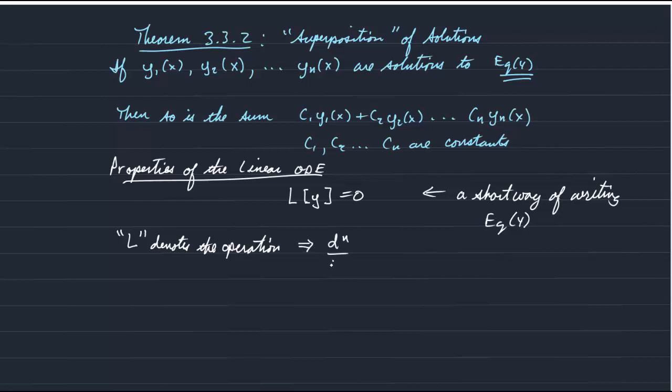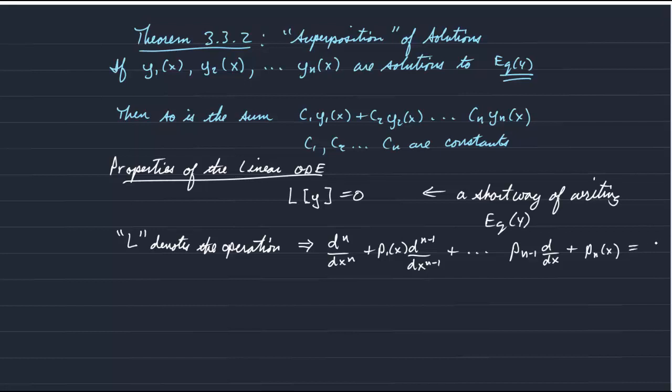the nth derivative with respect to x plus p1 of x times the n minus 1 derivative with respect to x plus all the way out to p n minus 1 times the first derivative with respect to x plus pn, and all of these are functions of x.